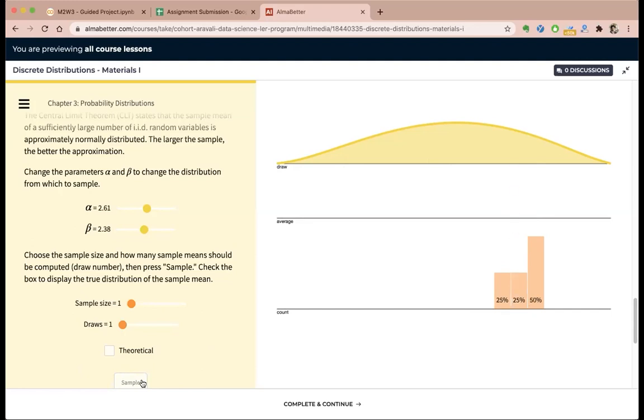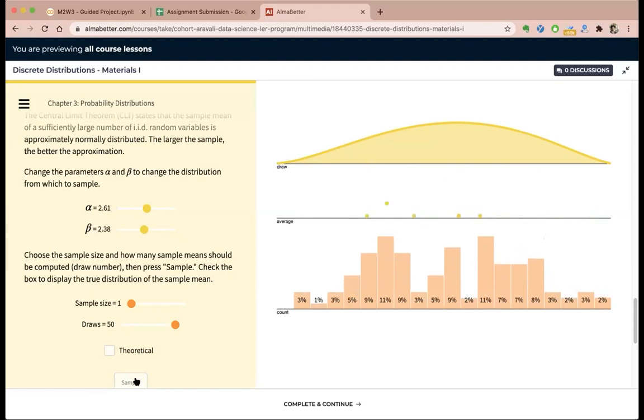So this way you can keep on sampling. What you will start seeing in the long run is that these numbers have a high chance of getting picked, and these sort of x values will have a very low chance.